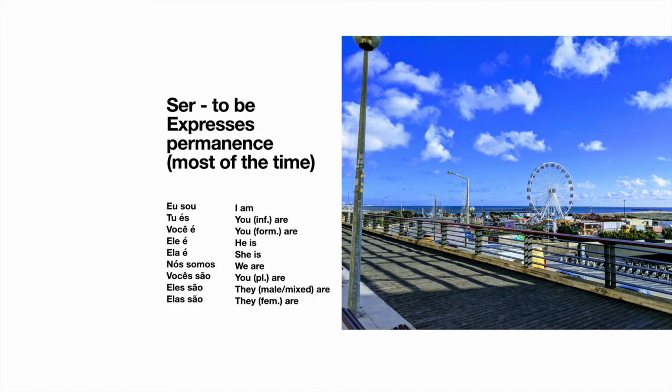So they, male and mixed, would be eles são. And then lastly, you have the third person plural for a whole group of females that you're referring to, elas são.